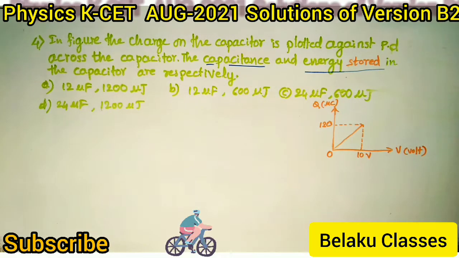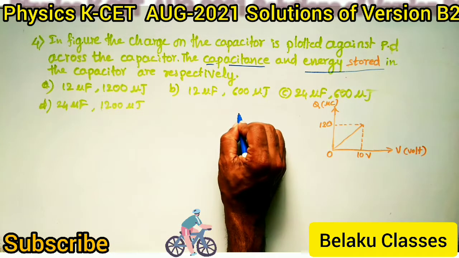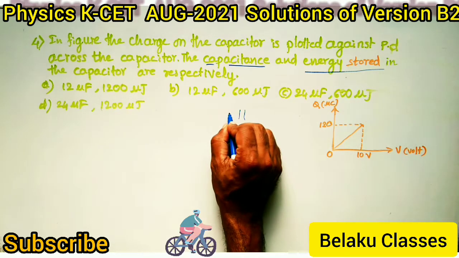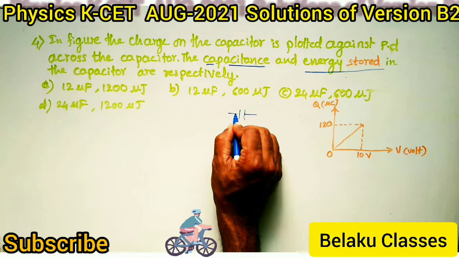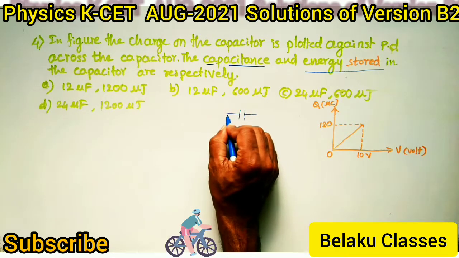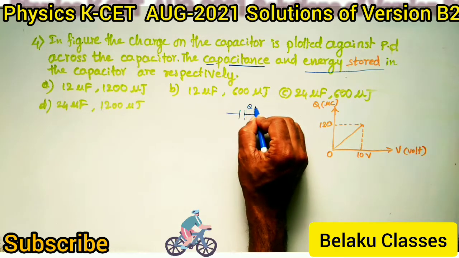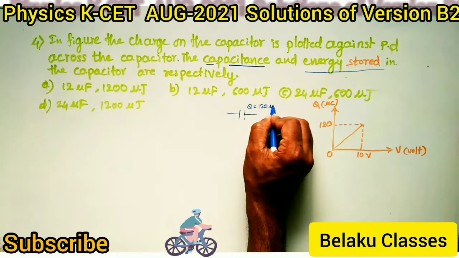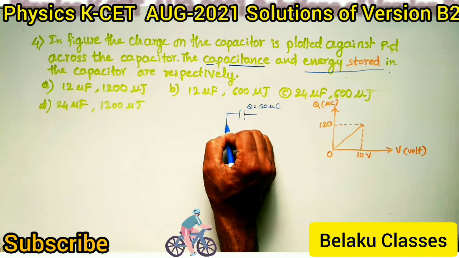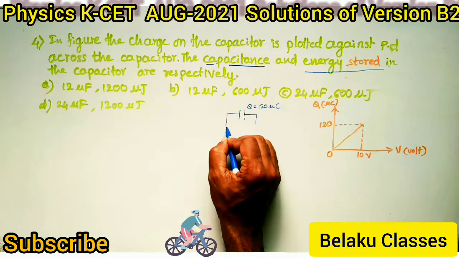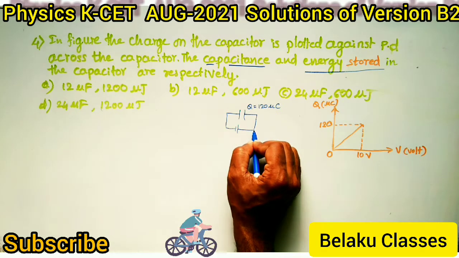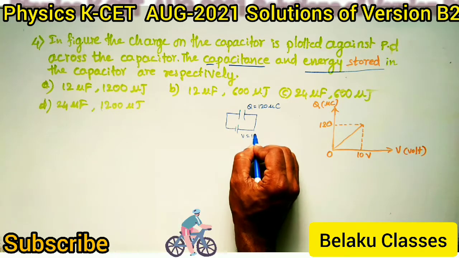Now what is done here is, there is a capacitor. So this capacitor is charged to a charge of 120 microcoulomb by connecting this capacitor across the voltage, means by applying the potential difference of 10 volt.